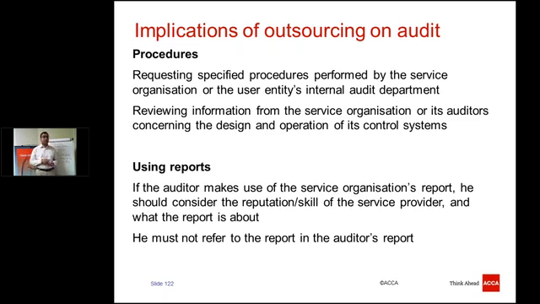So that's the difference between the type 1 and the type 2 report. Now, if the auditor makes use of the service organization's report, as on the slide, he should consider the reputation and skill of the service provider and what the report is about, and should not refer to the report in the auditor's report.